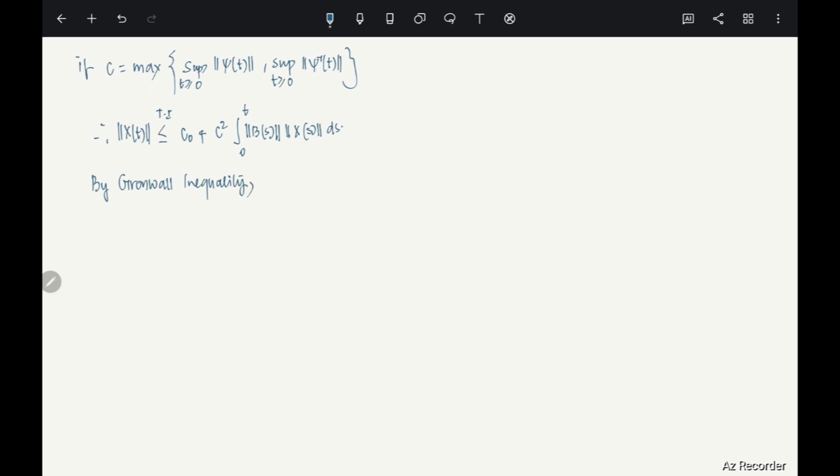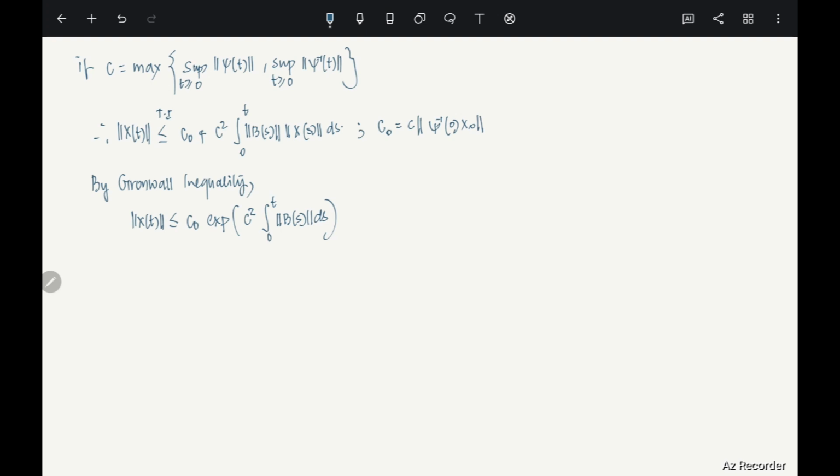what do we have? We have that the norm of x of t is dominated by C naught times the exponential of C squared times the integral 0 to t of the norm of B of s ds. Is this okay? See here, C naught is C times the norm of phi inverse of 0 times x naught.